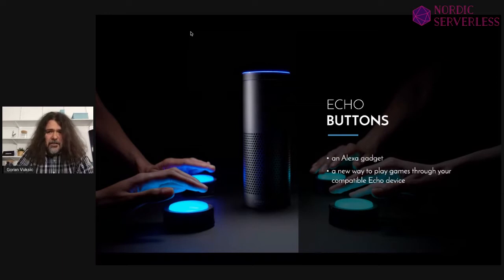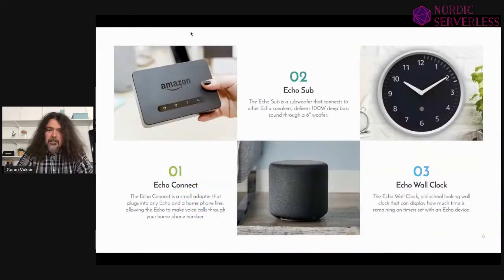We have Echo Buttons, a gadget mostly used to play games, for example, the game of who will answer the question first. There is Echo Connect, which enables you to connect to the phone line, so Alexa can make calls. There is Echo Sub, if you want to listen to music with deep bass. And there is Echo Wall Clock, which looks like a standard clock, but for example, if you set a reminder on Alexa, it will show you how much time there is left.